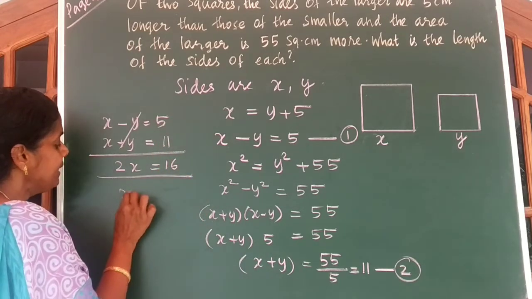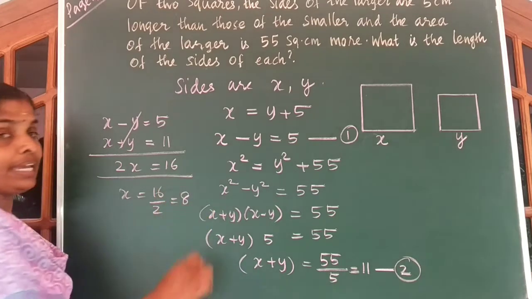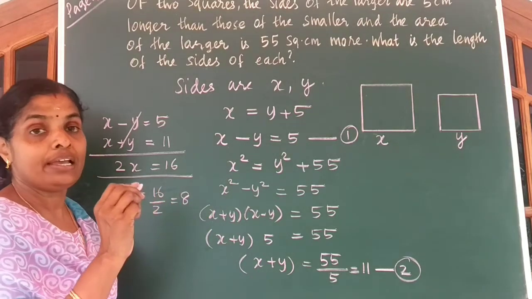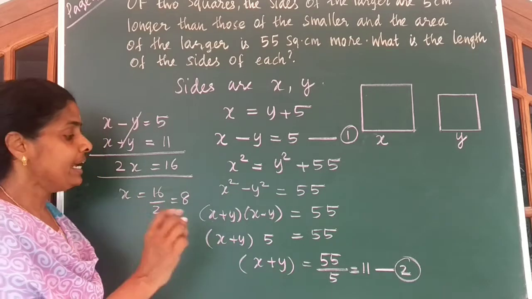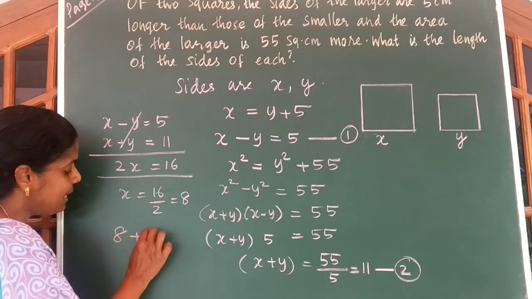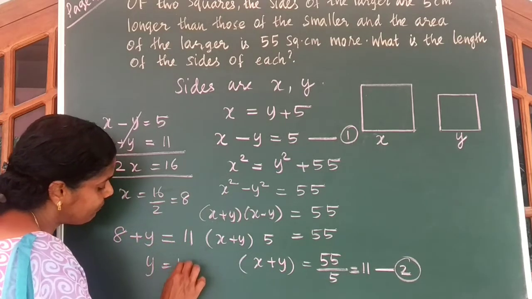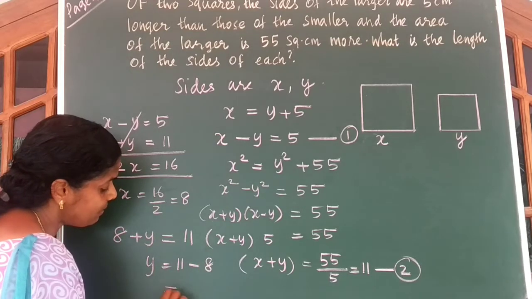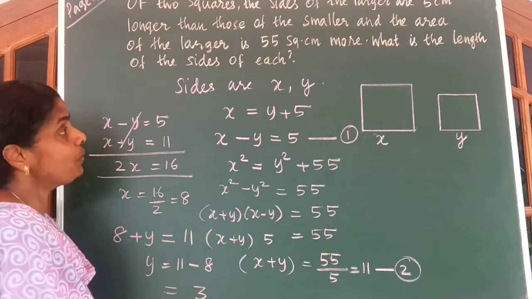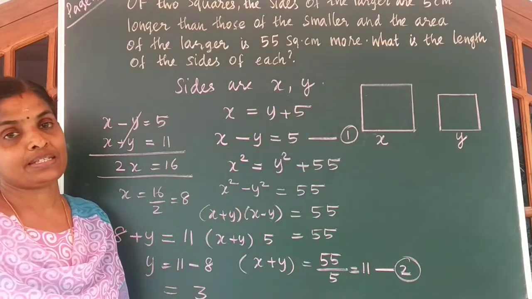So we got x is equal to 16 by 2, which is equal to 8. Substituting x is equal to 8 in our second equation, you get 8 plus y is equal to 11. So what is the value of y? 11 minus 8, which is equal to 3. So we got the length of the sides of both squares.